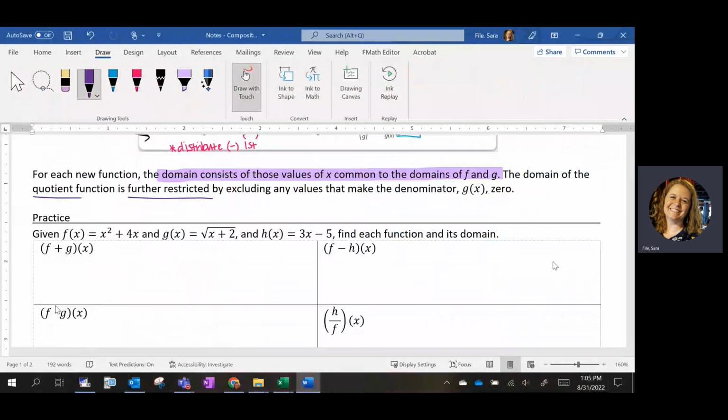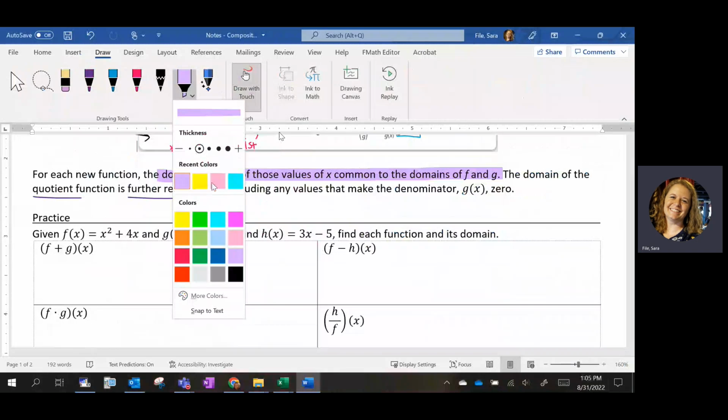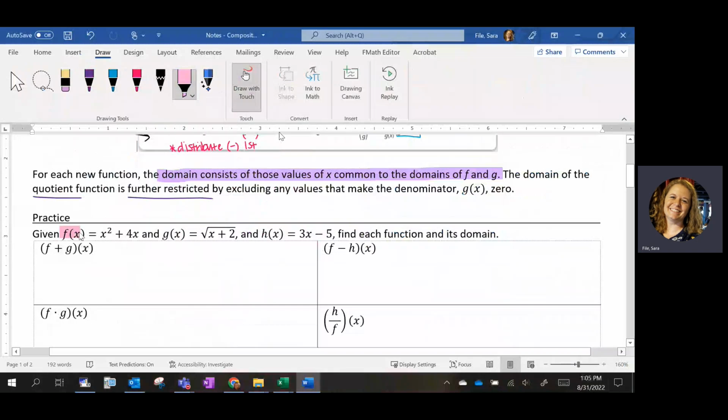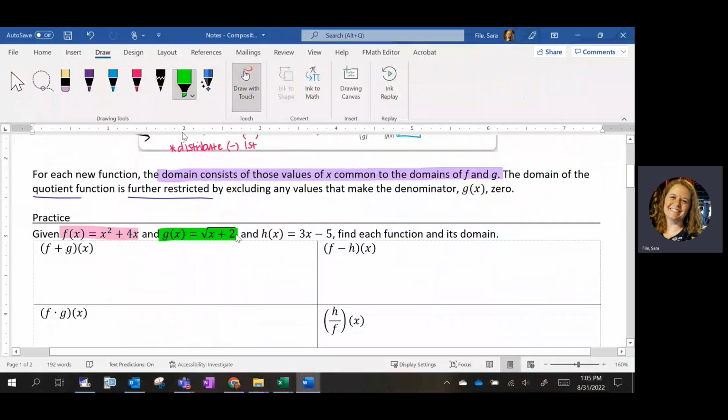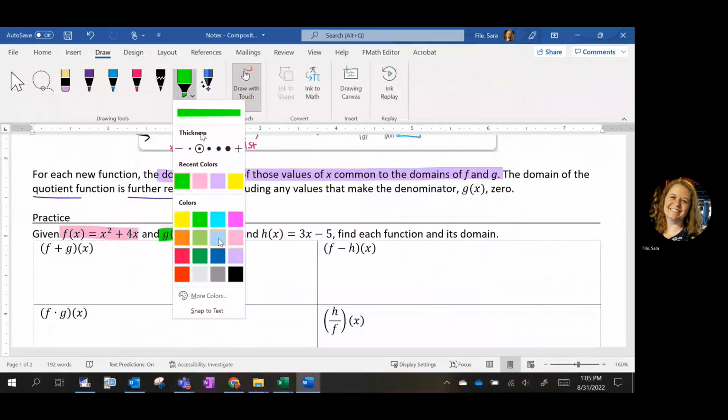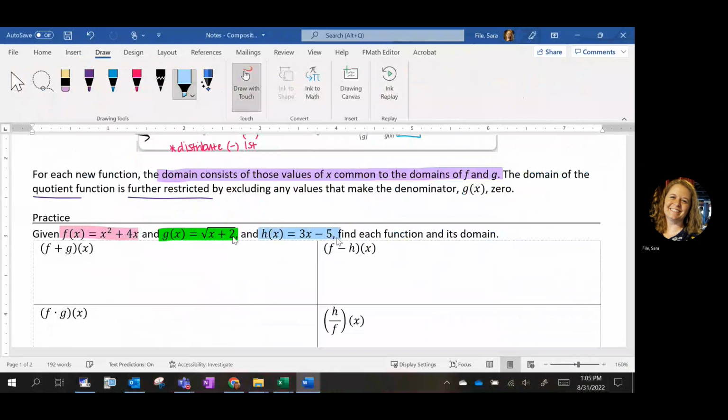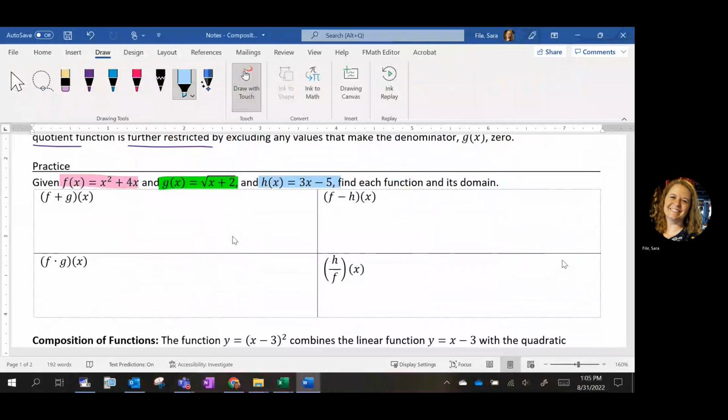So we have defined for us f of x, g of x, and h of x. I've got three functions, and I'm going to try to color code those for us: 1, 2, 3. We want to do a sum, difference, product, and quotient of some sort using these three functions.